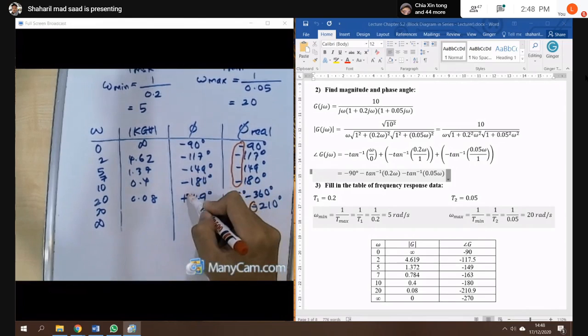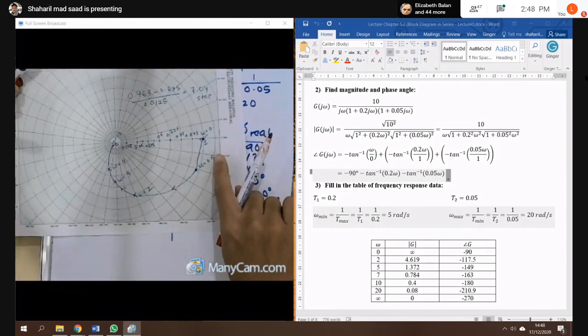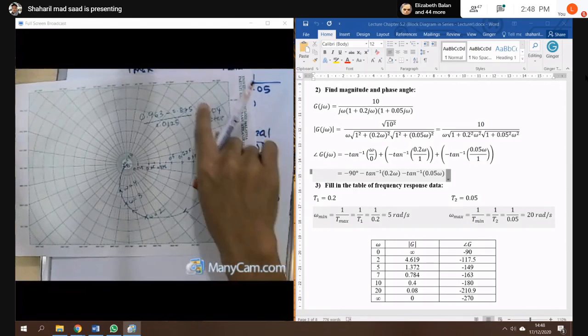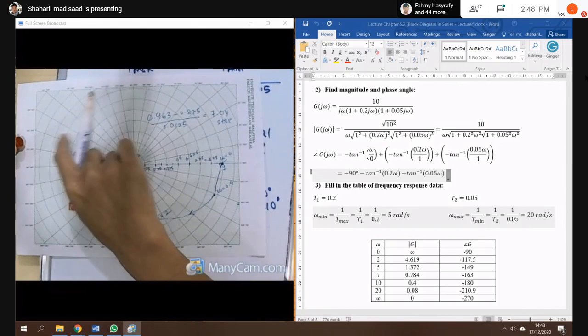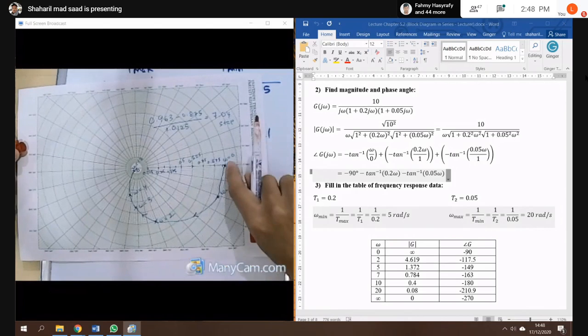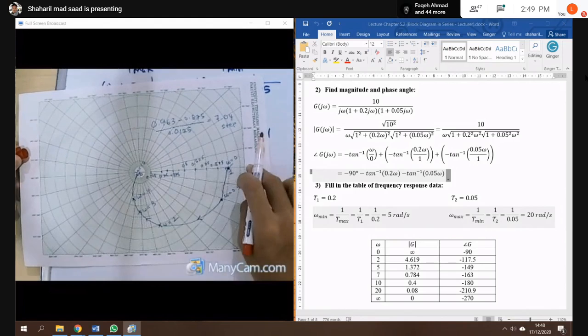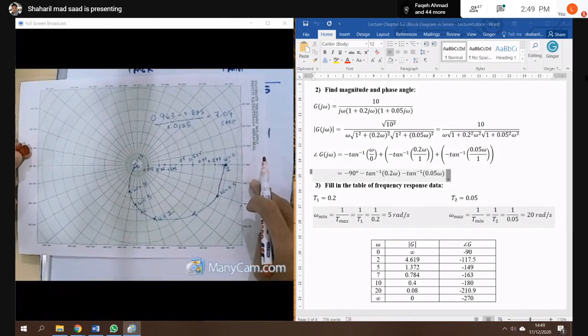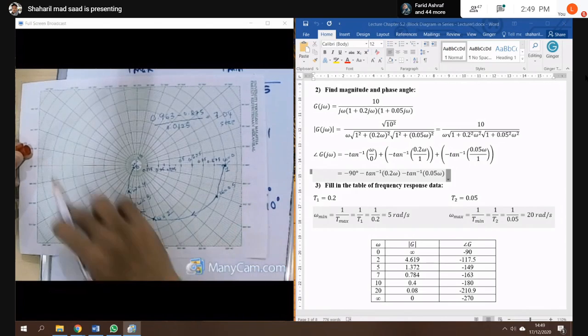So if you got it positive, then after you plot it, you will try to find 149, positive here, so it will be wrong. So it will be like the same direction. Okay. So 0 degree here, it will be minus 10 degree, minus 20 degree, minus 30 degree, and so on.